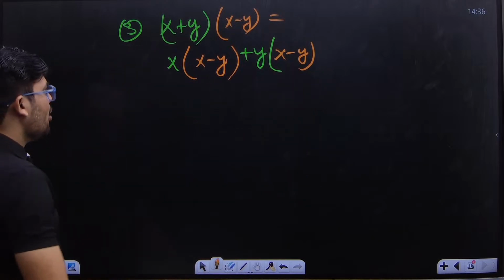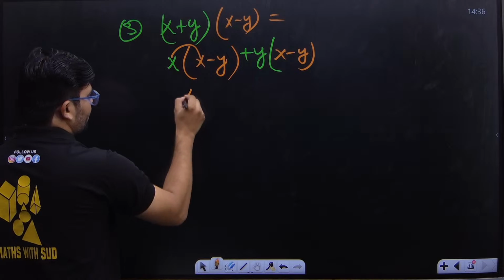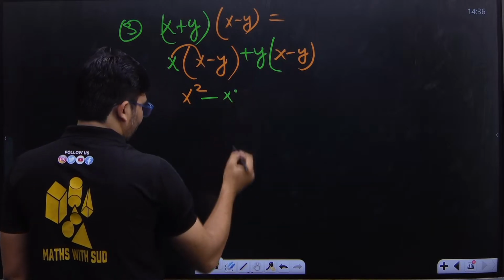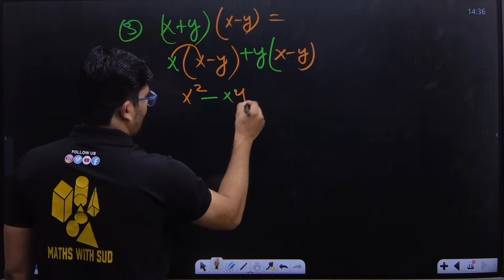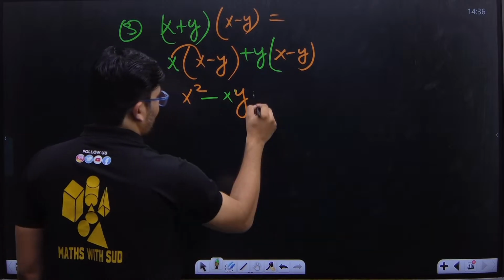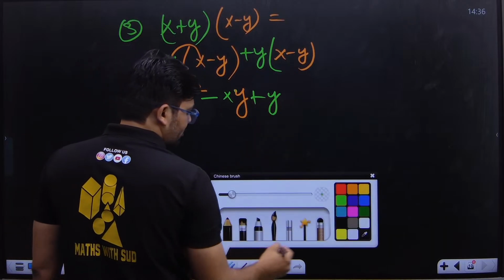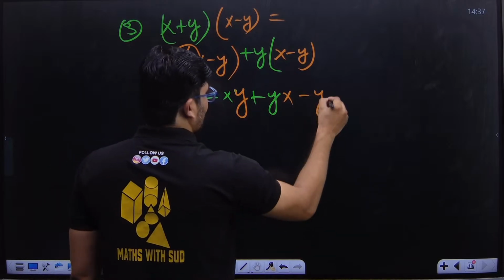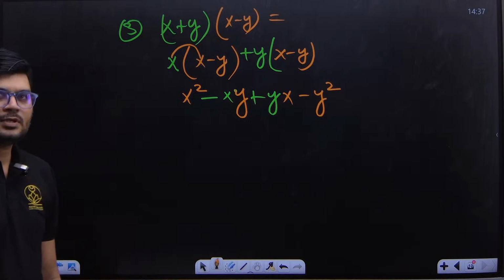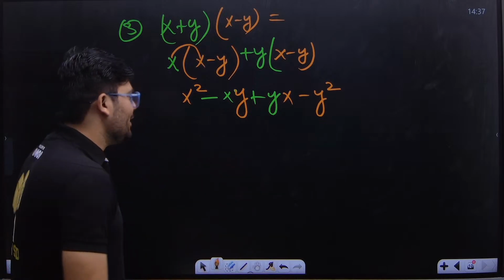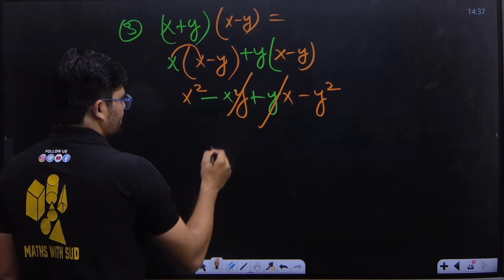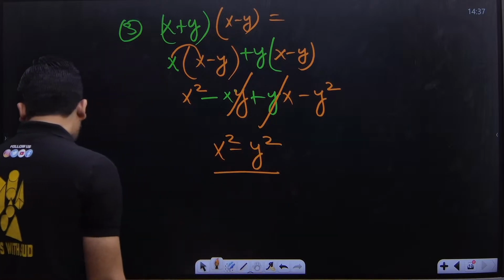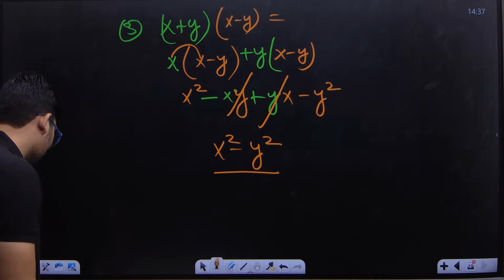Now when this x is multiplied by this x, you will get x square, and then you will get minus xy, and then you will get plus yx, and then you will get minus y square. Now pay attention that yx and xy will get cancelled out with each other, so the only part that is left with us is x square minus y square, which is very important to understand.